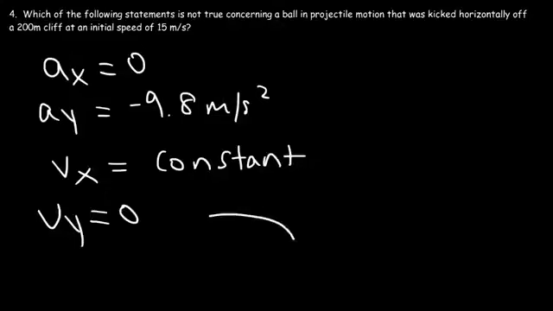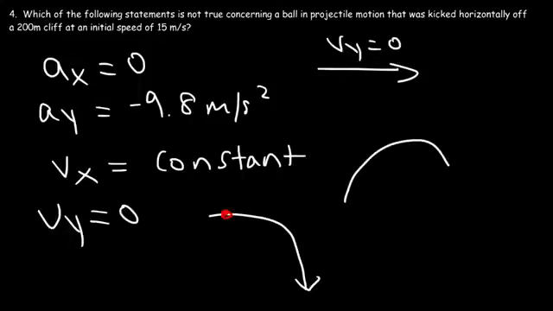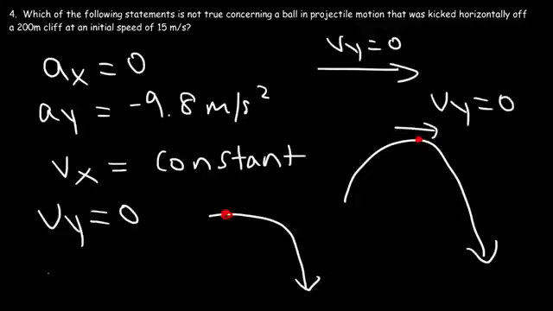Let's say if you're going in this direction, at this point Vy is 0. Anytime you have an object moving in the x direction, Vy is 0. So if you get a projectile that looks like this, at the very top, the vertical speed is 0 because it's moving horizontally at that point. And keep in mind that Vy changes by 9.8 meters per second every second. So if you're dealing with velocity, the vertical velocity always decreases by 9.8 meters per second every second.